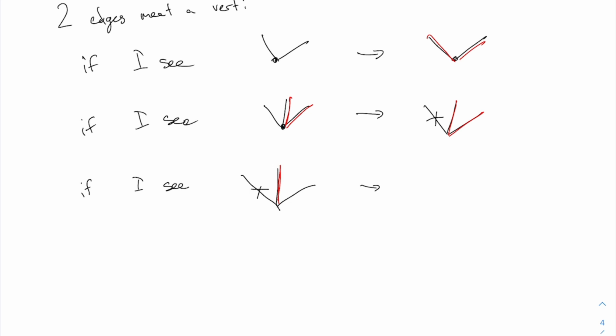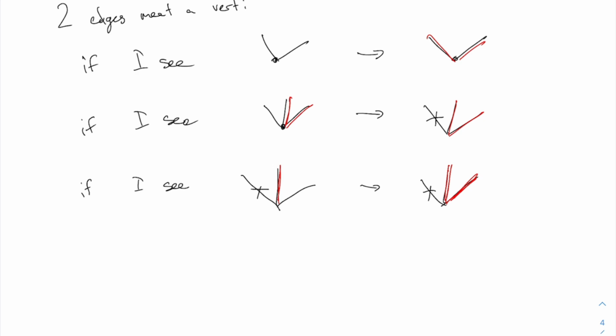And so in that situation, I can deduce that I have to use both of them, all right? This is the nuts and bolts of how you use that fact about every vertex has two chosen edges that meet it, all right? You can use this fact to decide which edges need to be used. You can also use this to exclude some edges and say they cannot be used, all right?